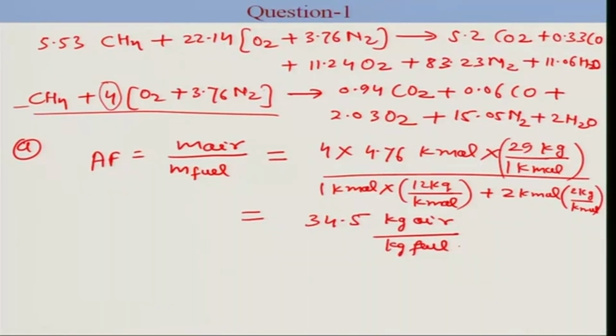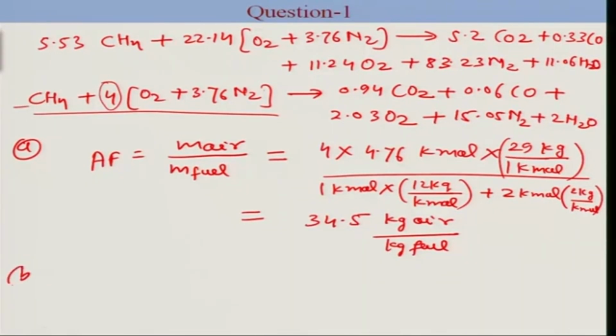Now in the second part we have to determine theoretical air. For that we need to know the theoretical amount of air, and that can be obtained from the theoretical combustion equation.